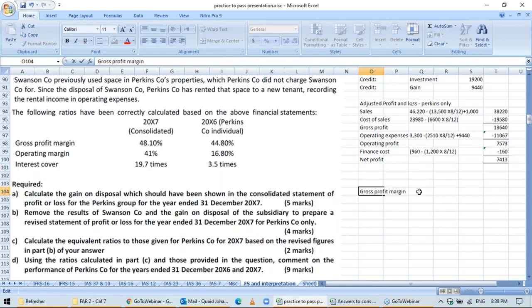So gross profit margin will be 18,640 divided by the sales. Gross profit divided by sales. So the sales is 38,220 multiplied by 100.